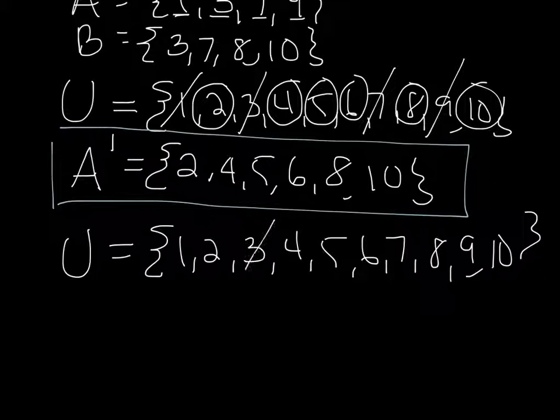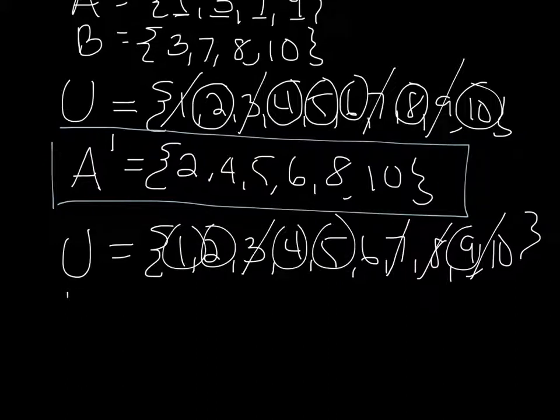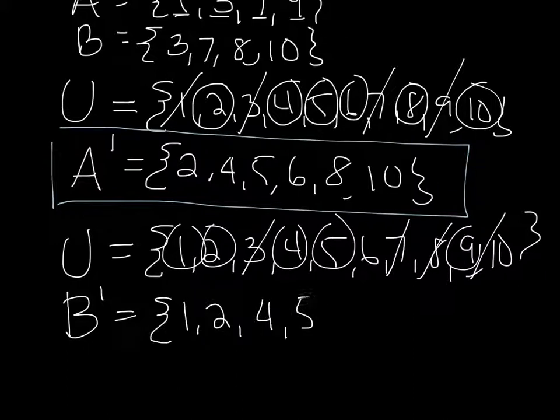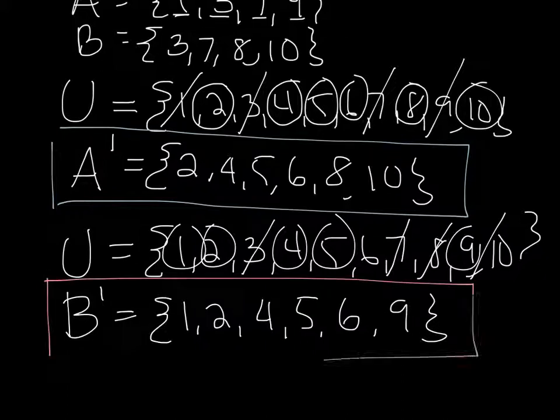So we cross out 3, 7, 8, and 10. So again, what's left over? That's going to be our B complement, and that looks like 1, 2, 4, 5, 6, and 9. So I'll just make that pink.